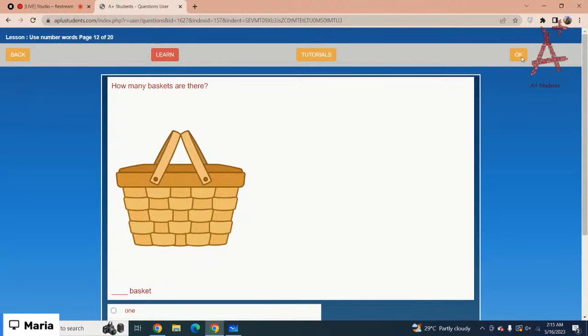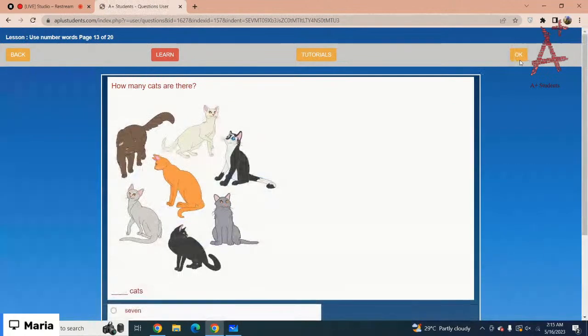How many baskets are there? You have just one basket. The correct option is one. Okay, how many cats are there?